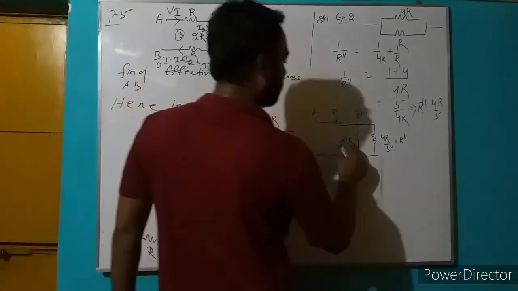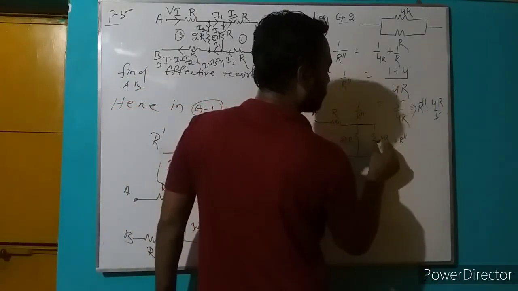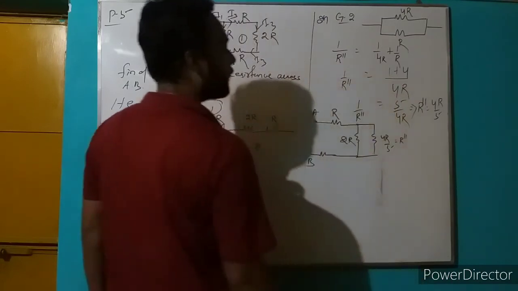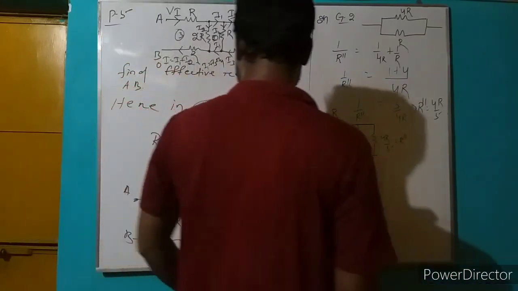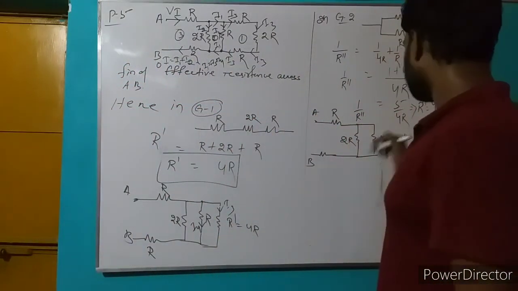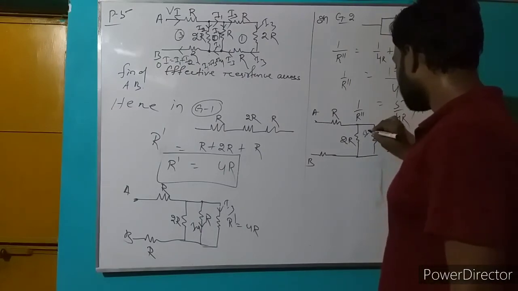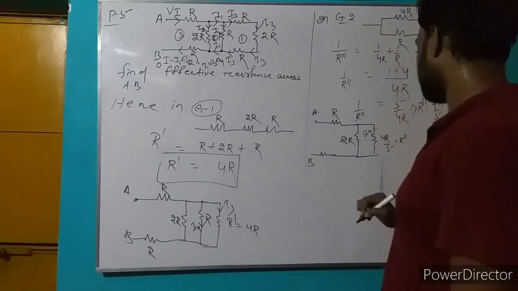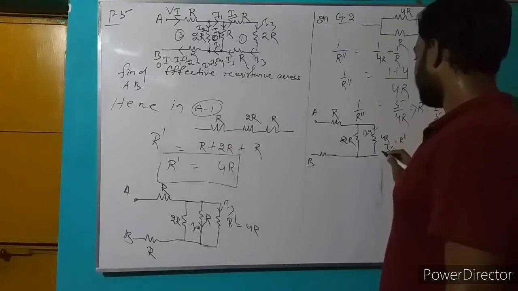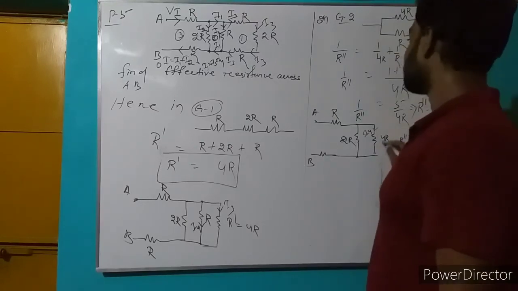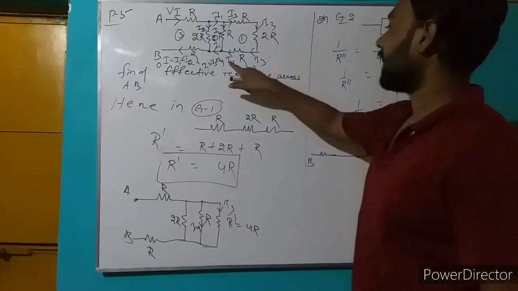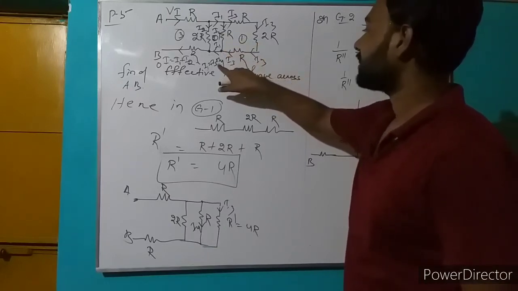Now in that region, 2R and R double prime are both in parallel connection, because the current becomes divided. Here in that direction the I4 current is here, and this one is I3.